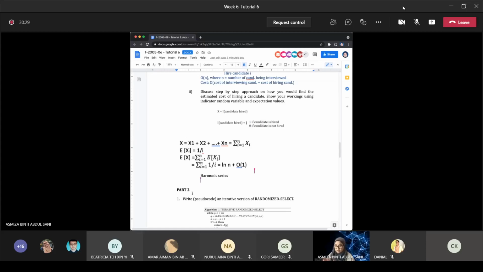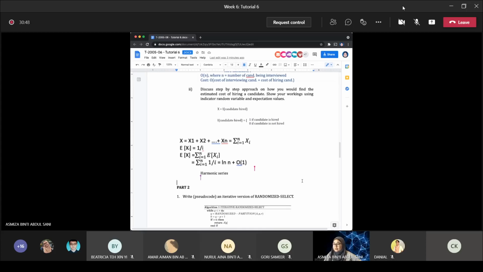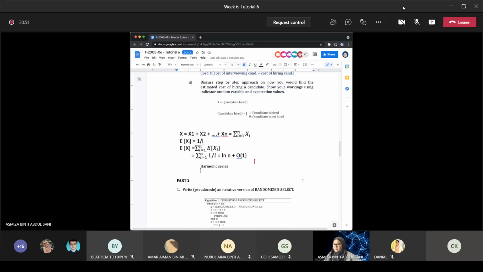Meaning we make an assumption about the distribution of the input. Normally when we make a randomized assumption, we assume they are equally likely, so basically the chances are all equal. So that is for part one.